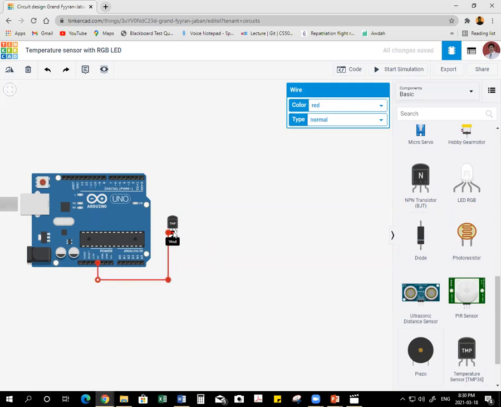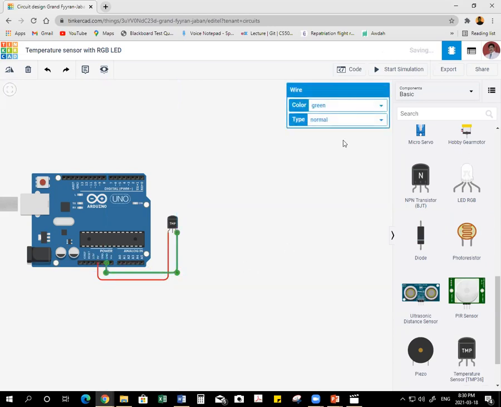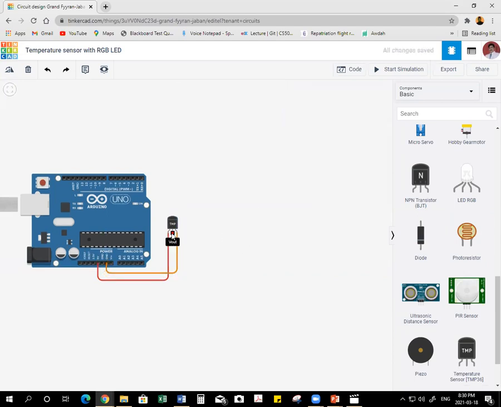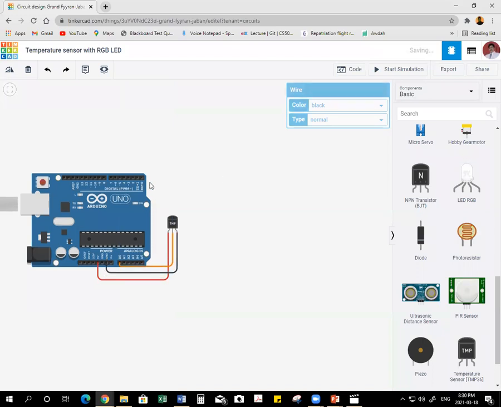Next I will connect this ground. This is orange and this has A0. This is orange and this is black.